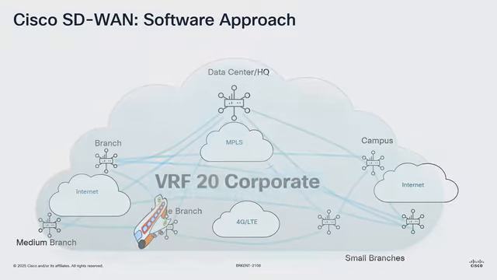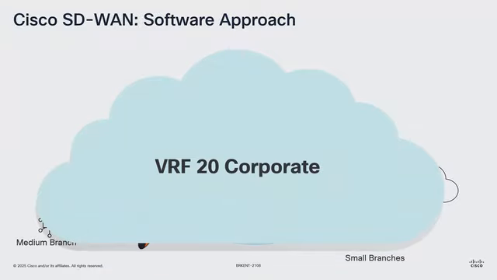For example, all your corporate employees may be in one particular VPN network, and your maybe PCI transaction could be in another network. Your finance could be in another network.